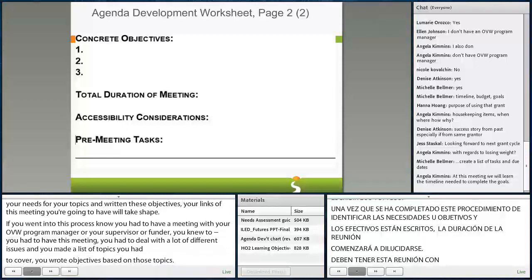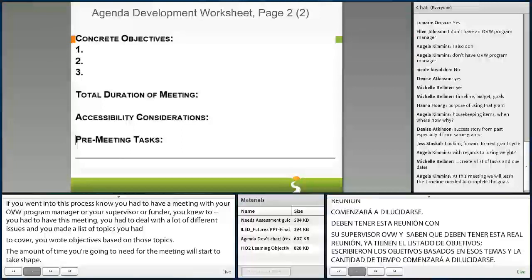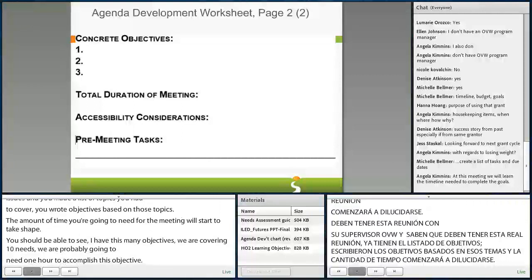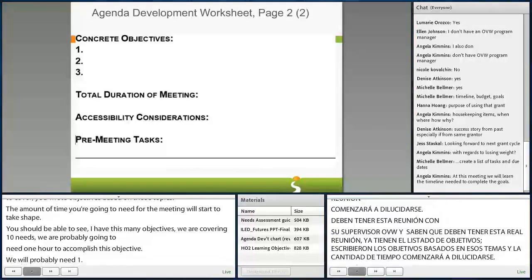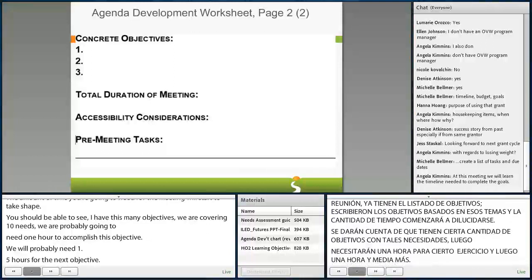We're covering 10 needs. We're probably going to need an hour to accomplish this objective, and an hour and a half to accomplish the next objective. So as you go through this process of thinking through the needs and then writing objectives based on those needs, the duration of the meeting will become pretty readily apparent.